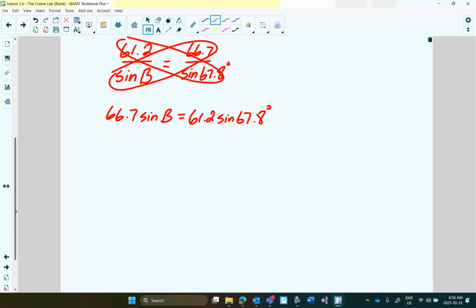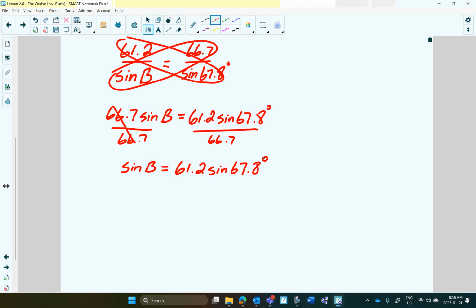We've got to get rid of the times 66.7 to get sine B by itself. So I'm going to divide both sides by 66.7. And I get sine B equals 61.2 times the sine of 67.8 degrees divided by 66.7.